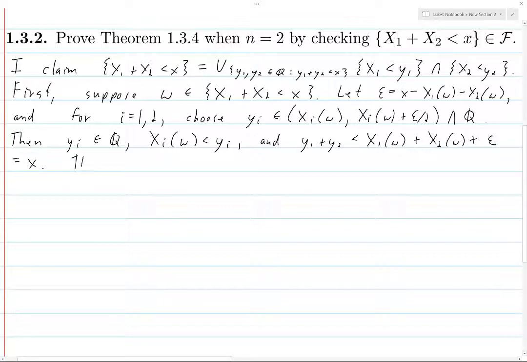This proves this containment, because we've shown how to get a set in this union which contains omega.